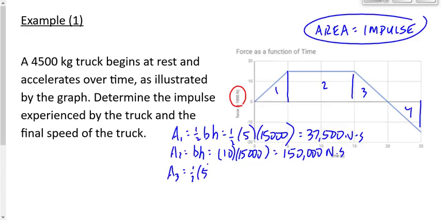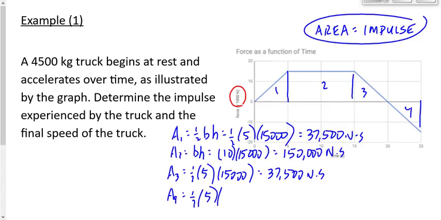The height is 15,000, which is 37,500. And finally, the fourth one is 1/2 again, a base of 5 times the height, which goes down to 15,000 again, which is 37,500 newton seconds.